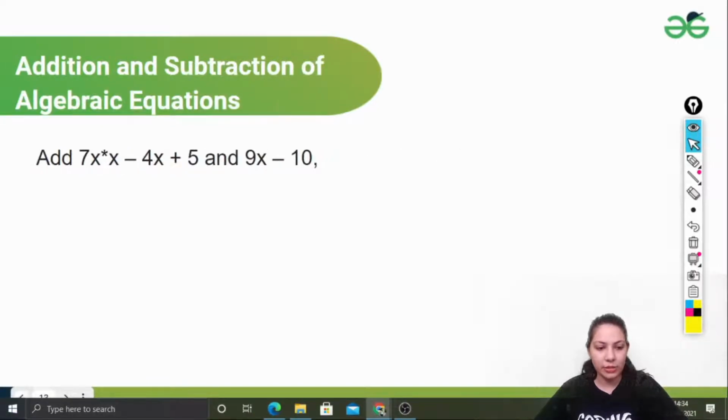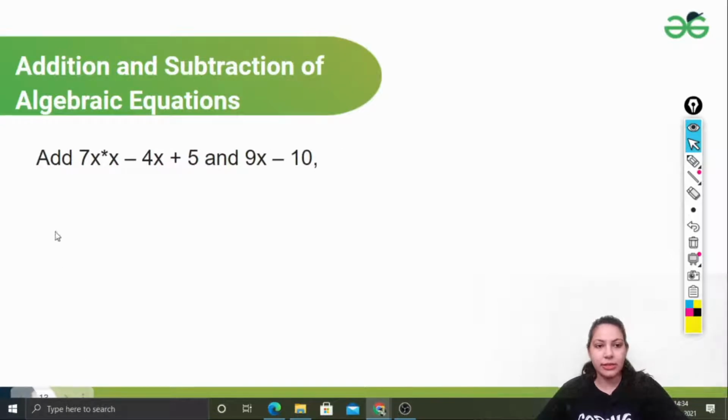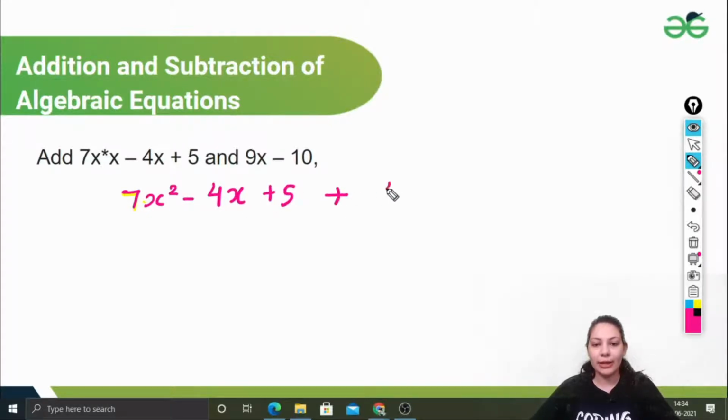Now this part, like and unlike terms, we understood the last time. Let us directly move to our operations, which we were not able to study in our last session. So here the question is 7x square, because x into x is x square, minus 4x plus 5, and we have to add it to 9x minus 10.